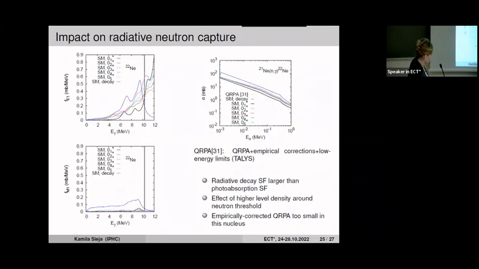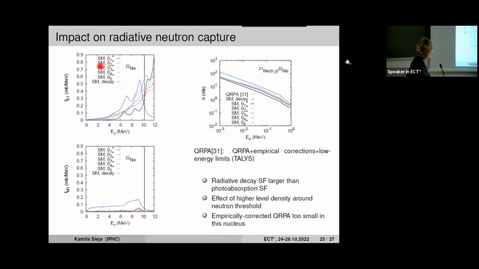Okay, and here I compare how this empirical formula can reproduce the results that I obtained with microscopic shell model strength functions. So here you have the E1 strength calculated in shell model in different ways. So you have photoabsorption on different initial states.